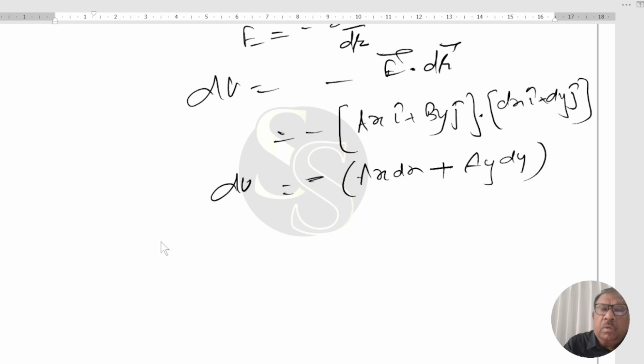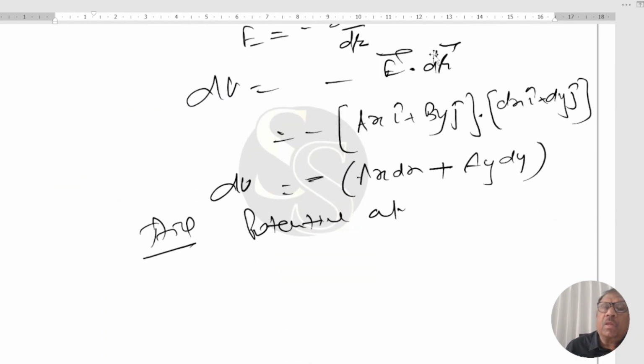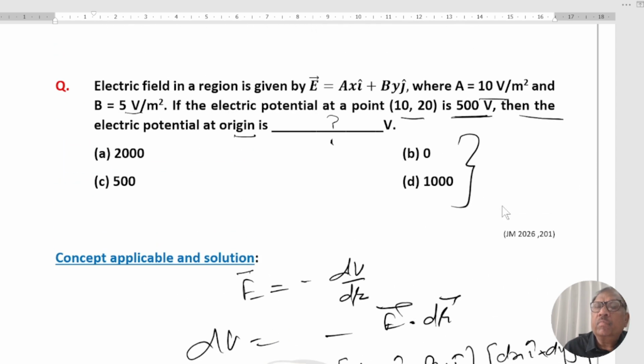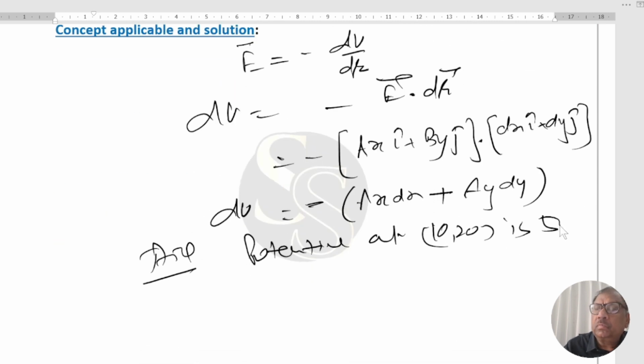Therefore, potential, according to question, at (10, 20) is 500 volt.